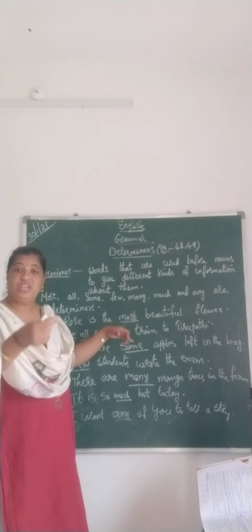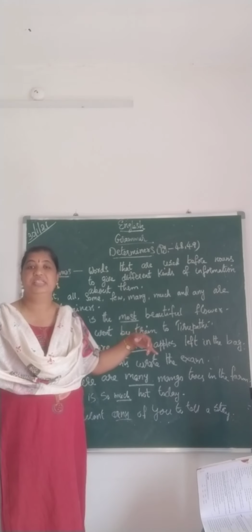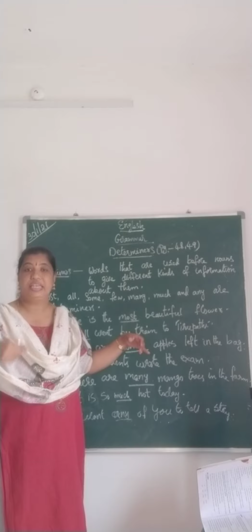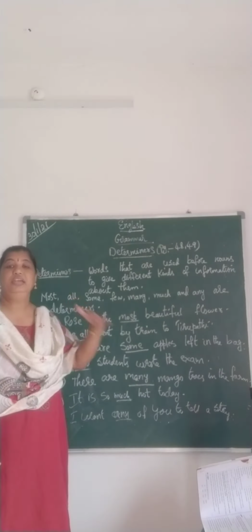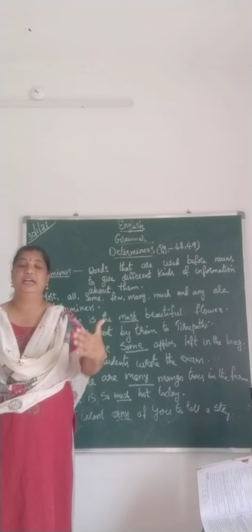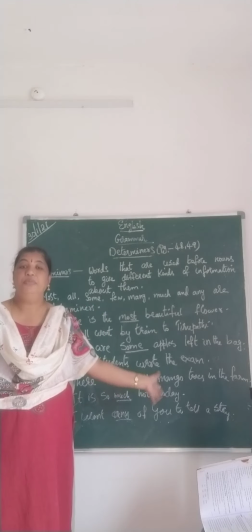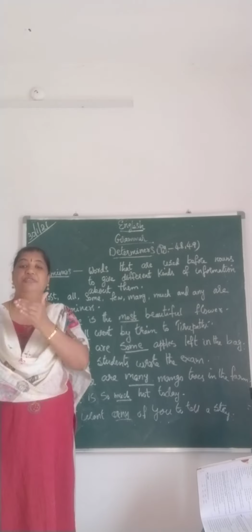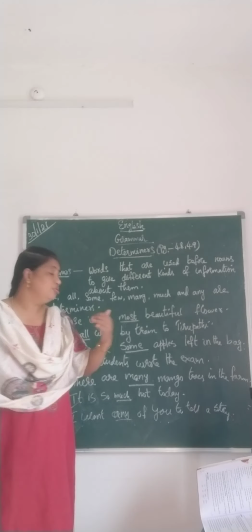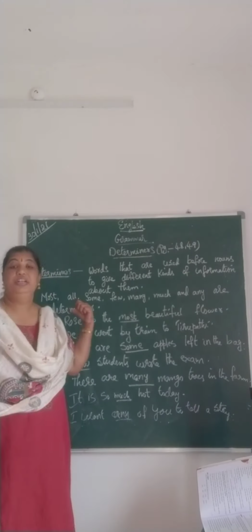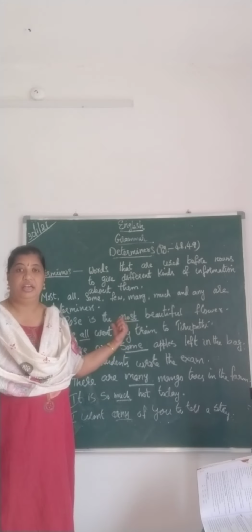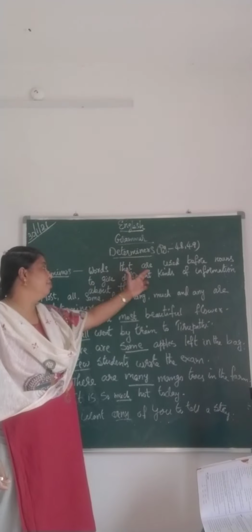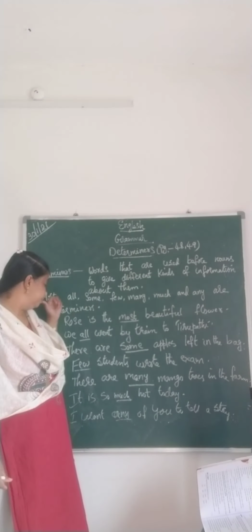So here, instead of naming each individual's name, we term it as all. Okay, all here becomes a determiner. It is telling that a group of people went by train. So here the word all denotes extra information about the journey. Okay, so all becomes a determiner.